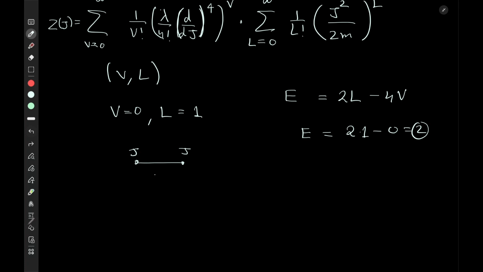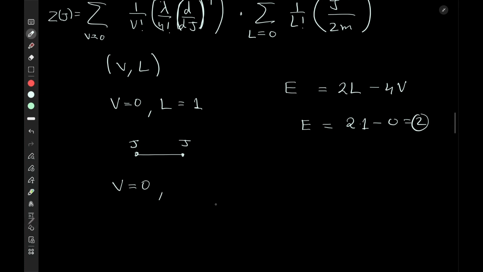Let me consider another possibility. Let's say there is no vertex and there are 2 lines. Okay, this is also easy. I can just make another line on the bottom of it. This is the diagram for that. Okay, let's take a one vertex example, and let's say there are 2 lines.